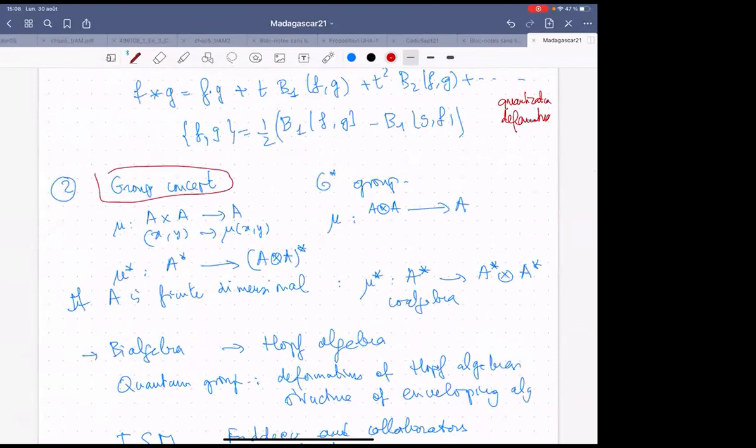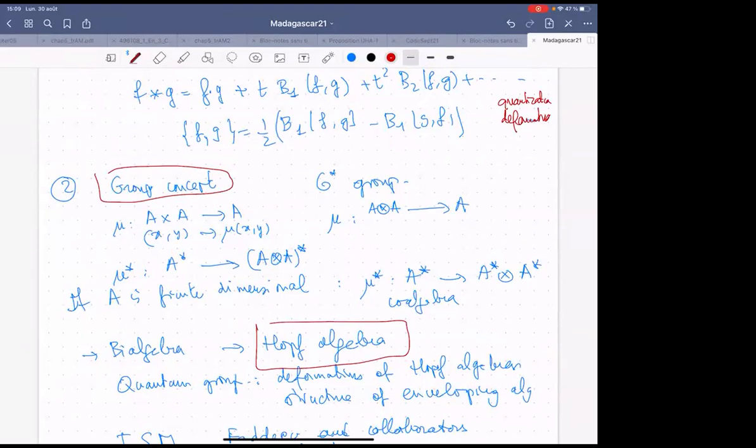This Hopf algebra is a sort of generalization of the concept of groups. That's why I put here this group concept, and I should say that this Hopf algebra structure is a sort of generalization of the group concept.